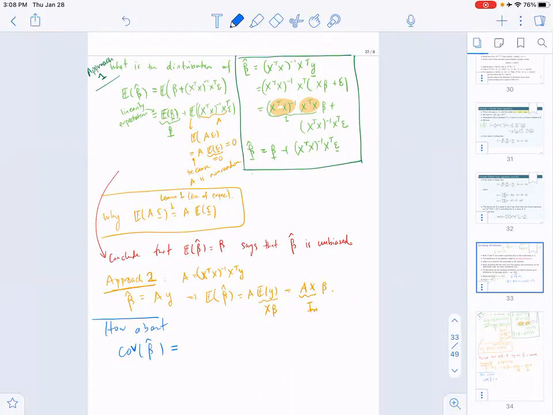Anyone? Can we use this expression, for example? We can also use this, but it's easier to use the other one.